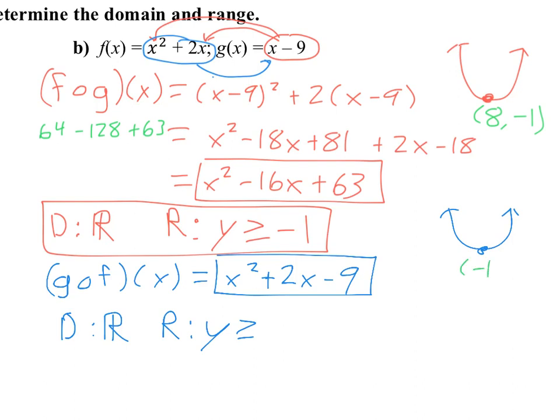So negative 1, comma, plug in negative 1 for x. That would be 1 minus 2 minus 9, which would be negative 10. So my range would be y is greater than or equal to negative 10.